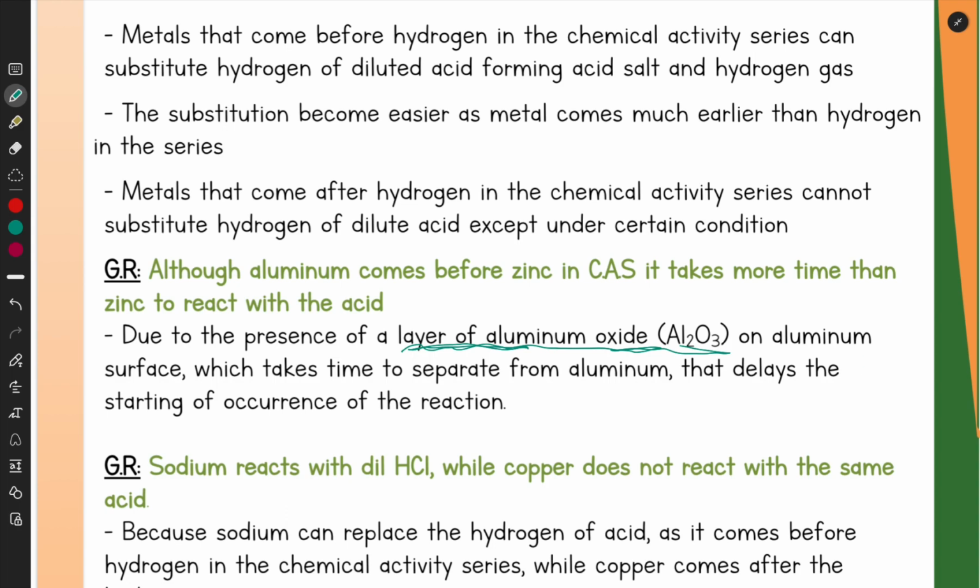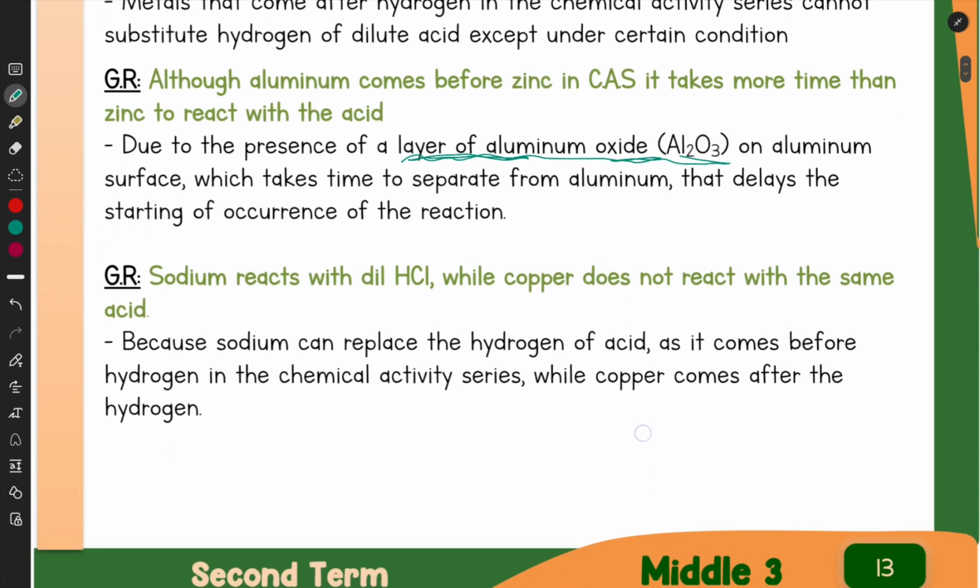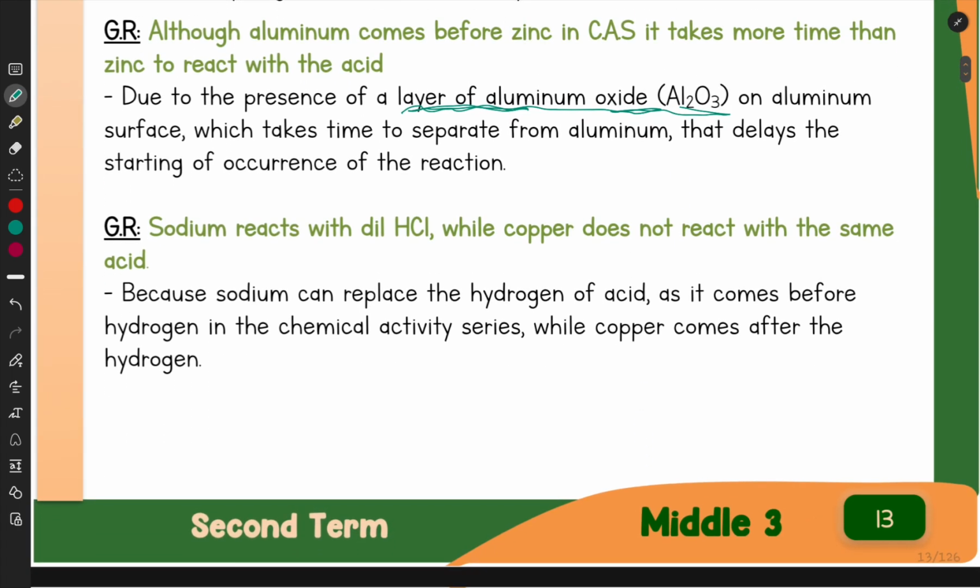That delays the start of the reaction. But if there is no crust or layer of aluminum oxide, of course the aluminum will react faster than zinc.